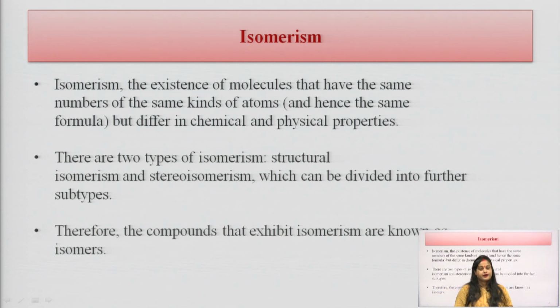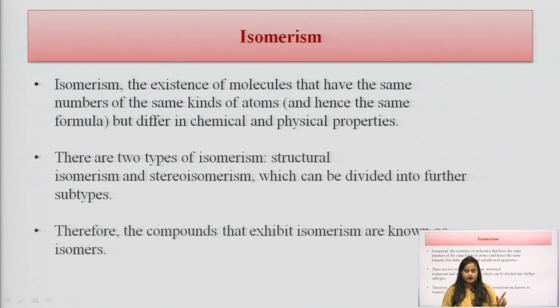Now, we will repeat the lecture. In isomerism, isomers are organic molecules which have the same molecular formula but differ in structure, and isomerism is the phenomenon where isomers are formed. Okay. Now, isomerism is divided into two parts.